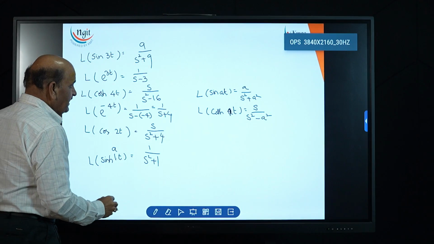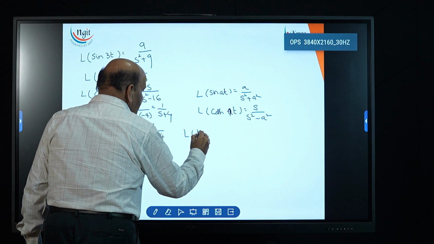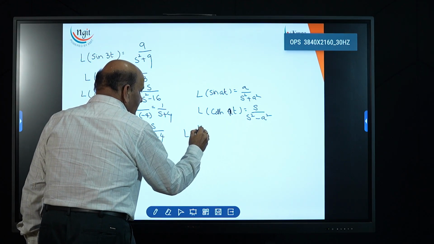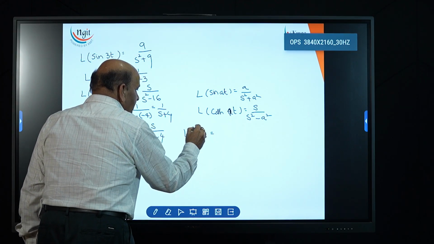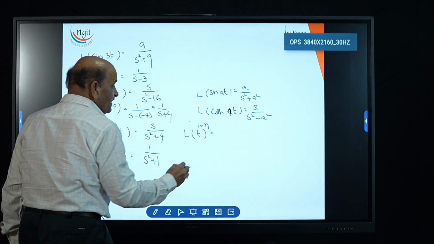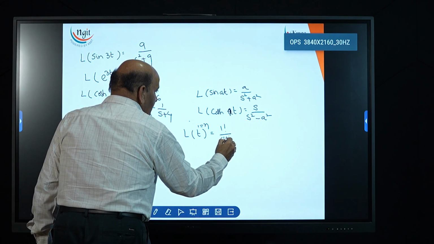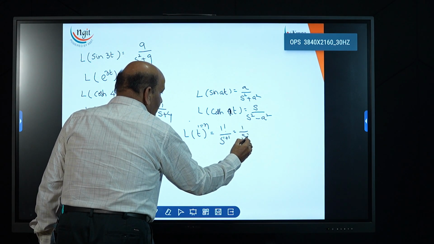Understanding? Now, again, what is the Laplace transformation of t? t means t power 1, here this 1 is n, power equal to n. That equals 1 factorial by s power 1 plus 1, that equals 1 by s square.